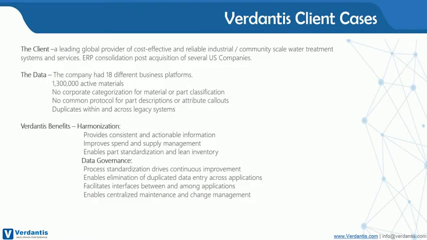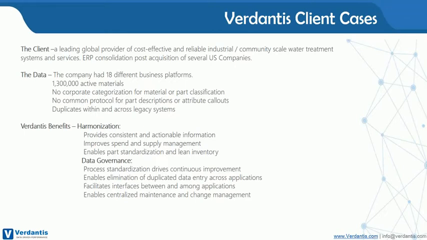I'll take a couple more minutes and go through some high-level case studies. They'll get more granular as we go. The first one, just in terms of size and scope, is a global organization in the industrial water treatment business.